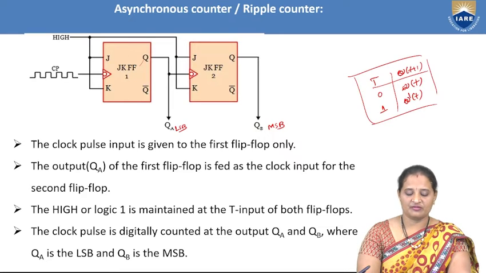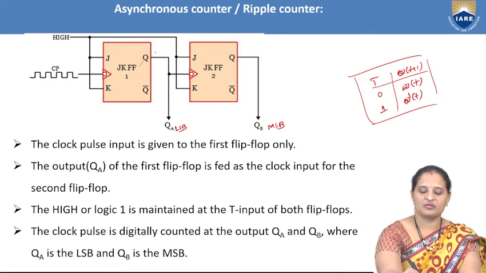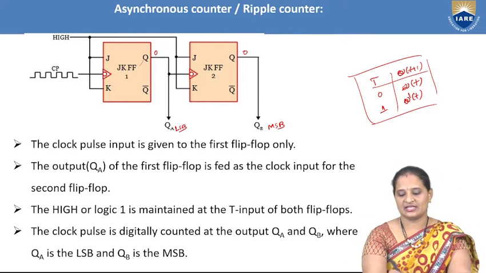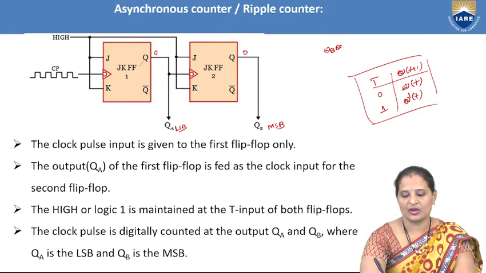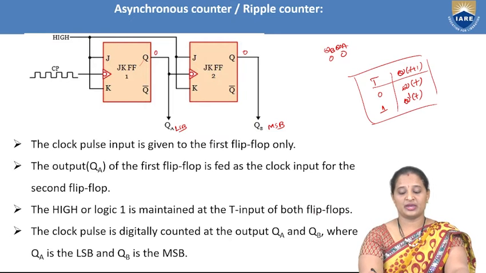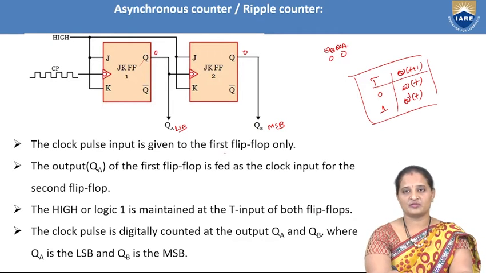Initially, let us consider both the flip-flops are in reset state. That means QB, QA are equal to 0, 0. I said QB is the MSB and QA is the LSB. Reset state means both the flip-flops are clear.